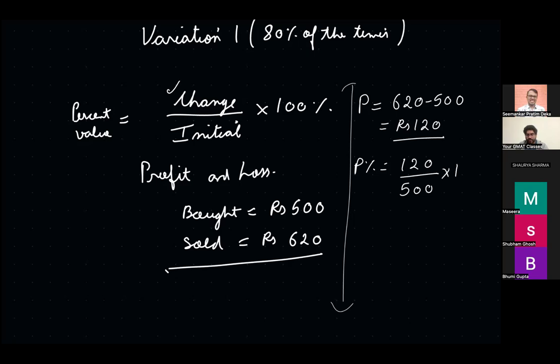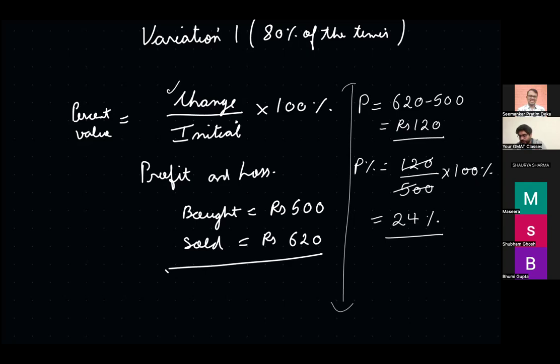So 0 cancels, 24%. So the profit that we are making is 24%. And what does this mean? For every 100 rupees we invest, we make 24 extra. So if we had invested 100, we would get 24. If we had invested 200, we would get 48. And because we invested 500, I got 120.